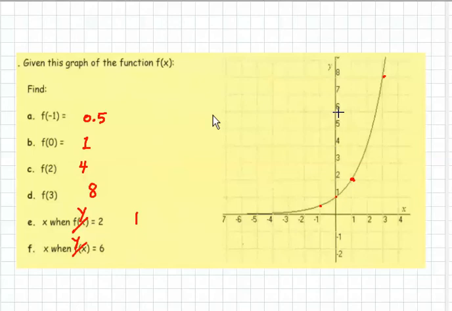We can go all the way up here and come across, and it's right there. It looks like a little bit more than halfway across, so a little more than 2.5. Let's just go with 2.6 for estimating. There you go. There are some function notation problems, and thank you for watching.